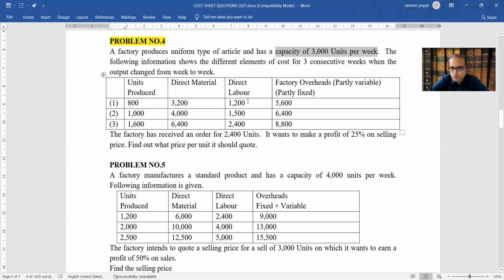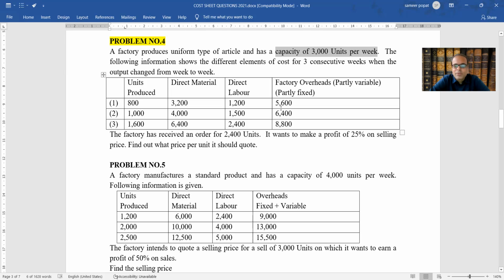Labor was 1,200 and factory overhead, which is partly variable and partly fixed, was 5,600 rupees. So they were given the cost for 800 units: material, labor, and factory overhead, which is semi-variable. Similarly, they were given the cost for 1,000 units and 1,600 units.